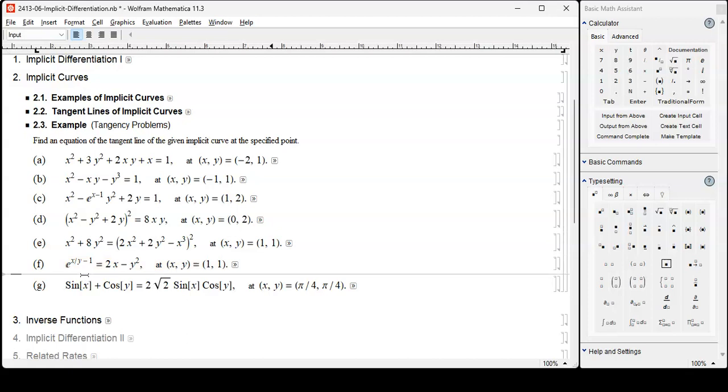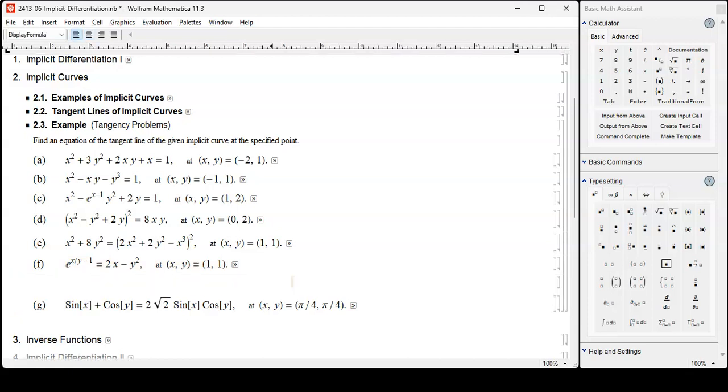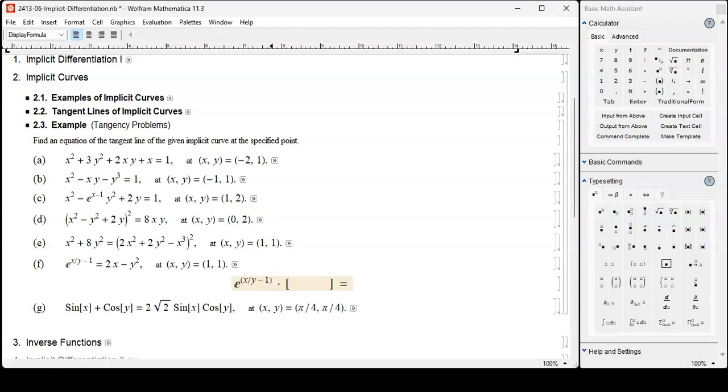Exponential, so what do you take the derivative? Chain rule says exponential function, that's the outside, and exponential stays the same. And chain rule says inside never changes, all right? And then we have to multiply the derivative of the inside.